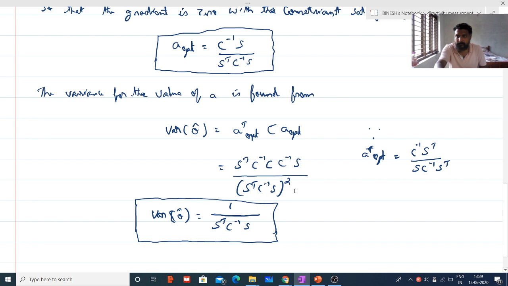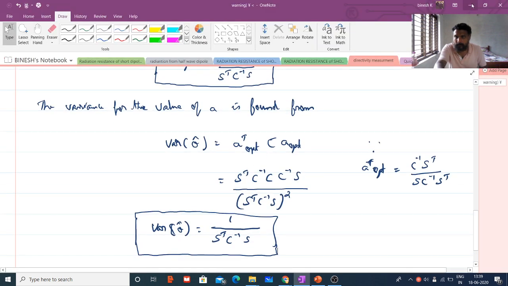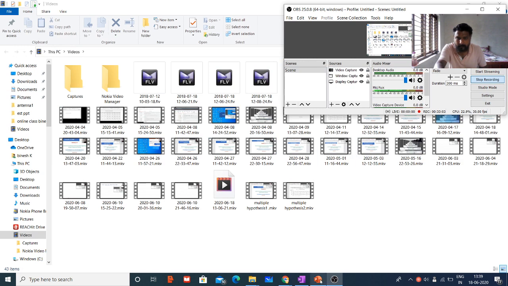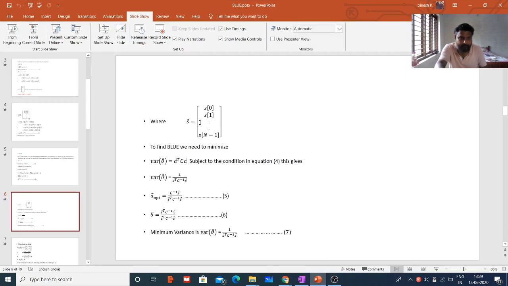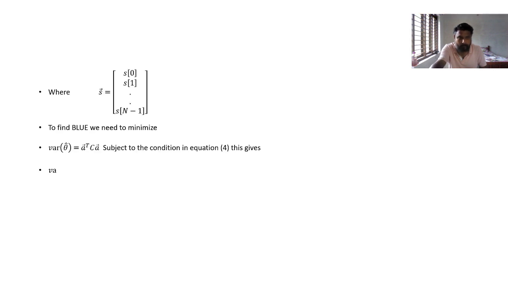So I'm just minimizing this and proceeding with our things from where we have stopped. We have stopped at A optimum being C inverse S divided by S transpose C inverse into S. Clear?